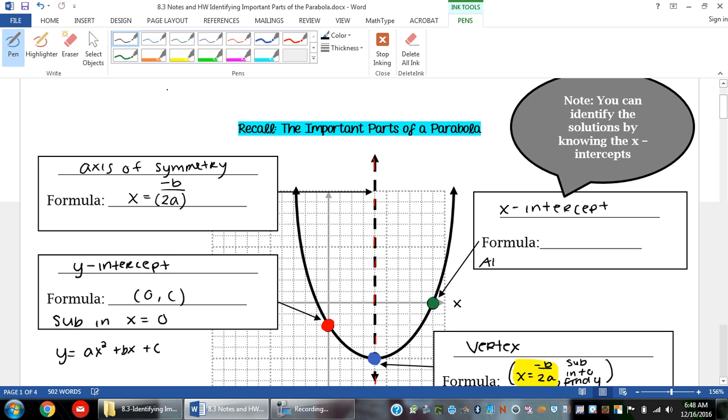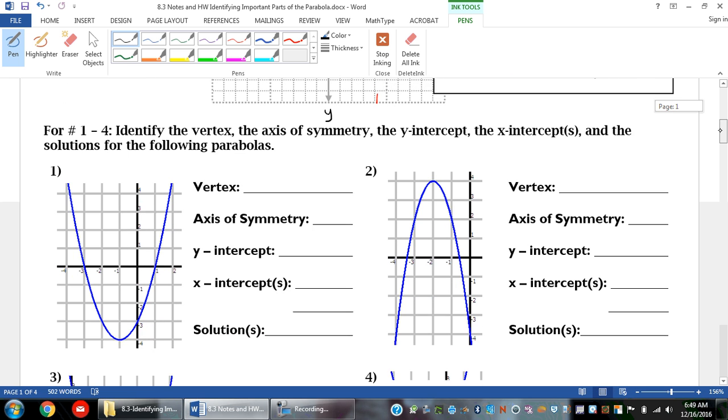So here my x-intercept would be 9, comma 0. If I specifically asked you for the solution, which I will later in the notes, you would write x equals 9. So the intercept will be the point on the x-axis, and the solution would just be x equals that x-coordinate.